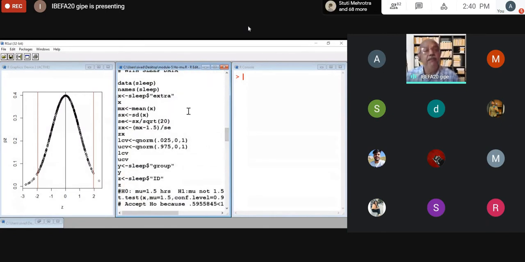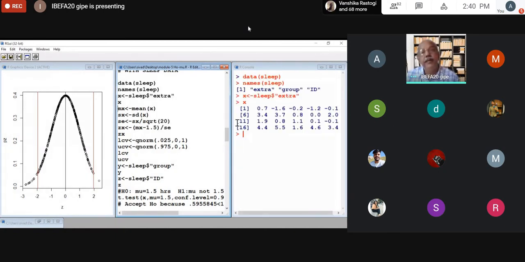I took the data from sleep. People are having sleeping time above normal time, or people are having sleeping time below normal time. Compute everything and repeat what I have shown.